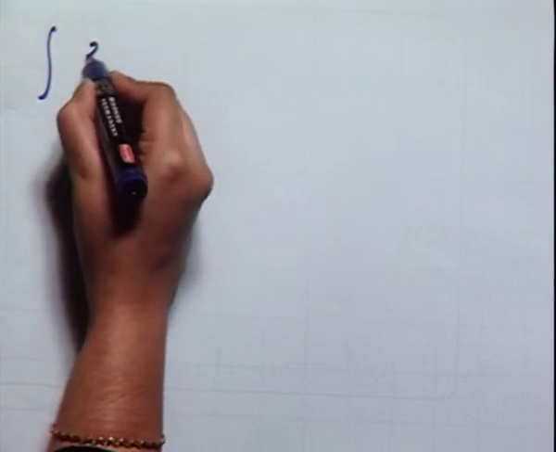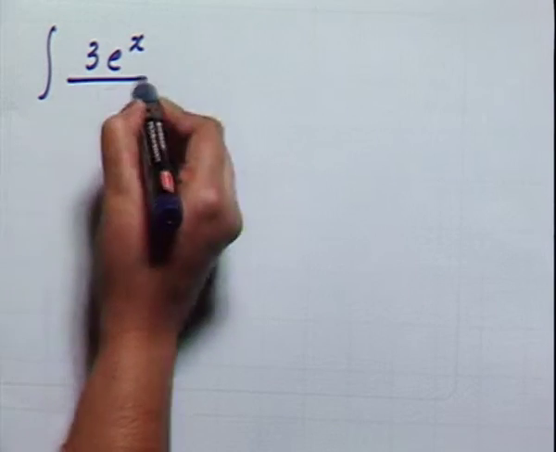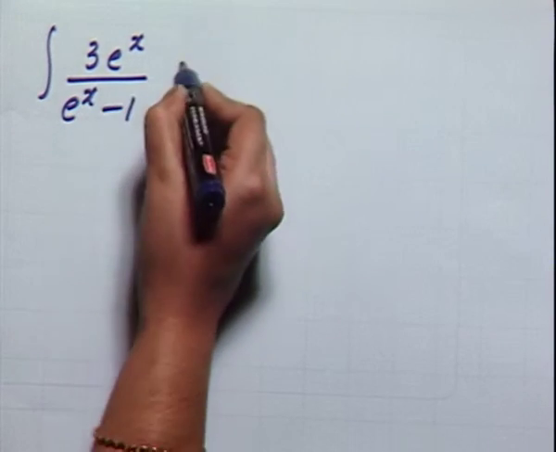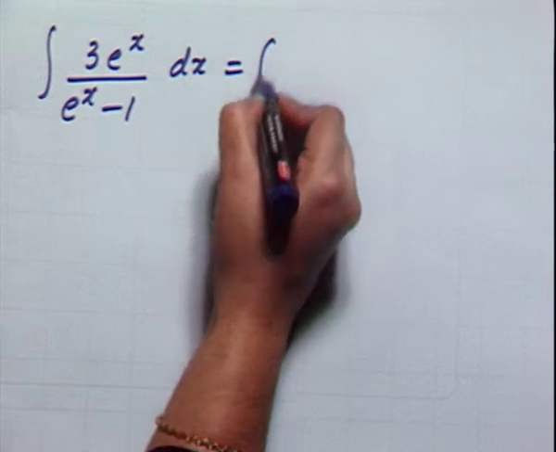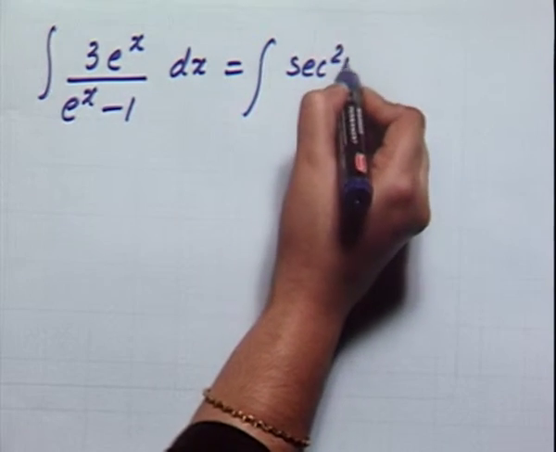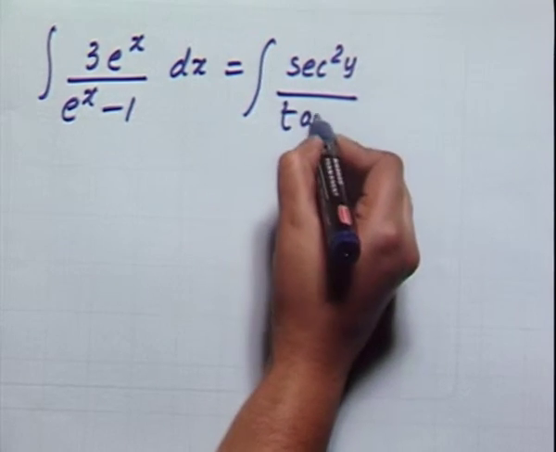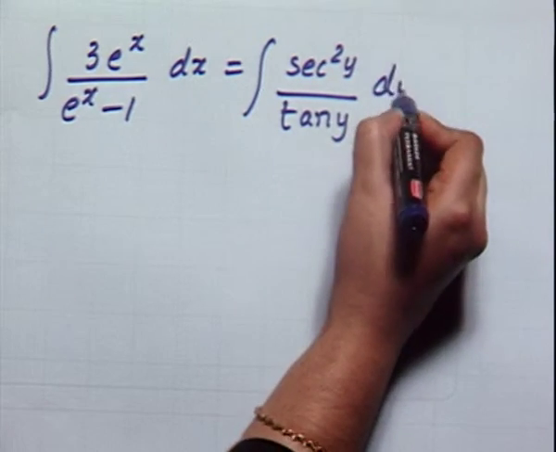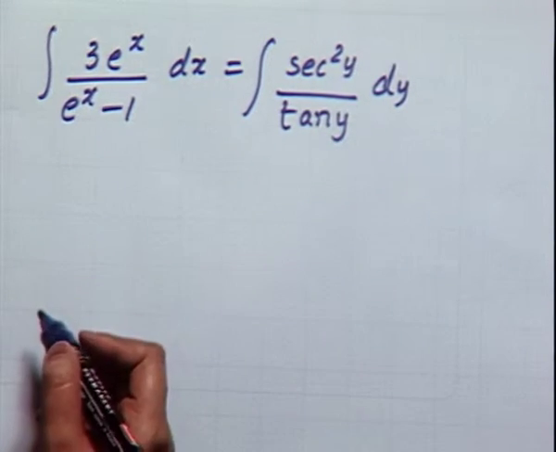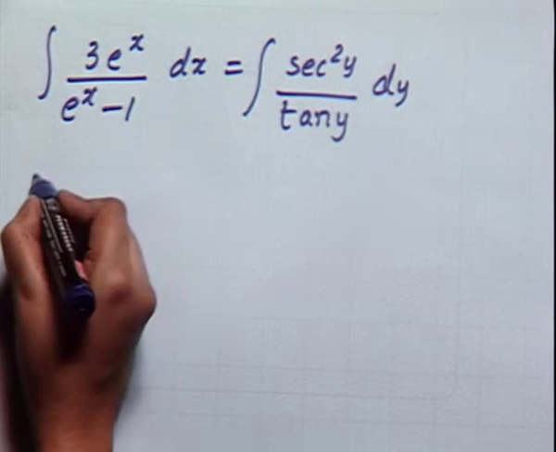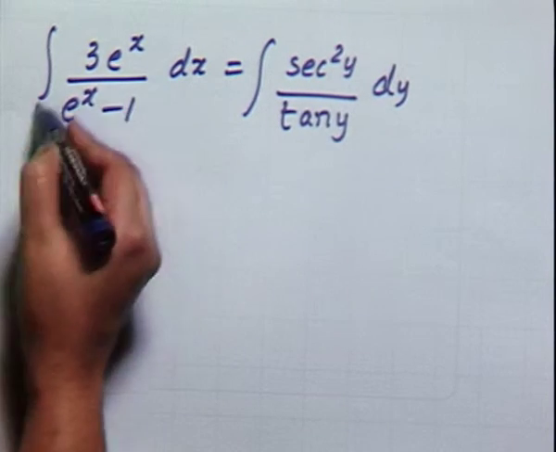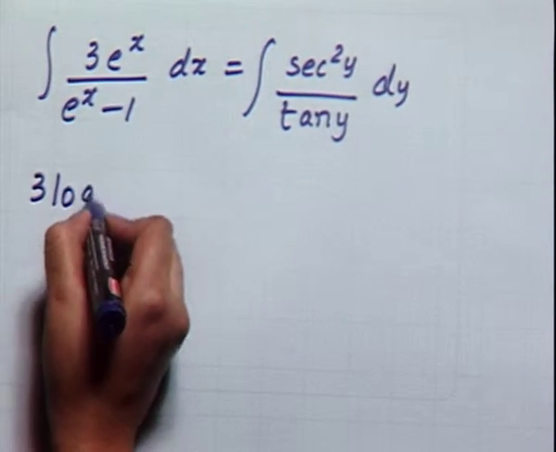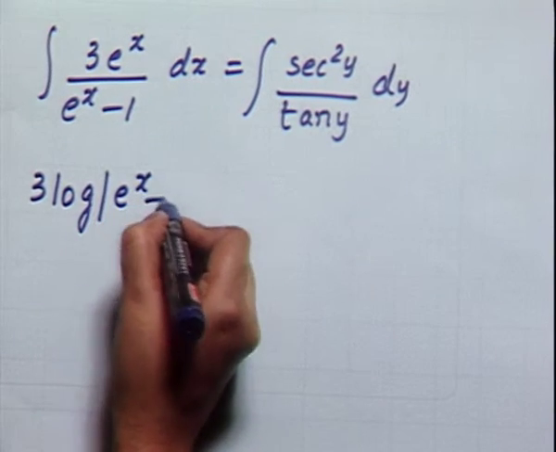And that will give you integral 3e to the power x by e to the power x minus 1 with respect to x equal to integral sec square y by tan y dy. Both the sides are very easily integrable. Here, what will be the result? 3 times log of e to the power x minus 1.